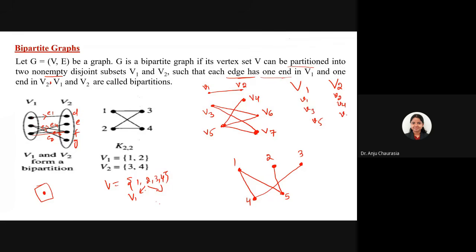From the edges you can find the vertex set including V6 and then you can check your definition. So V1 has these elements: V1, V3, V5, and V2, V4, V6, V7. So from the vertex edges I can find; now I am going to write V1, V3, V5.